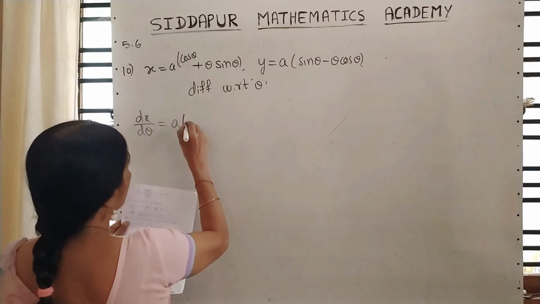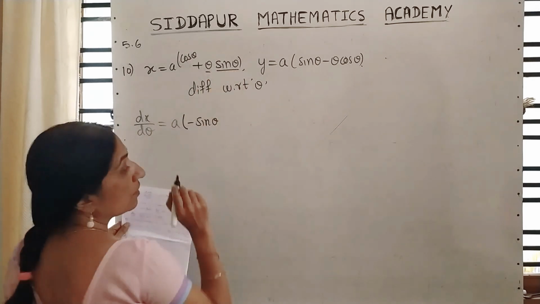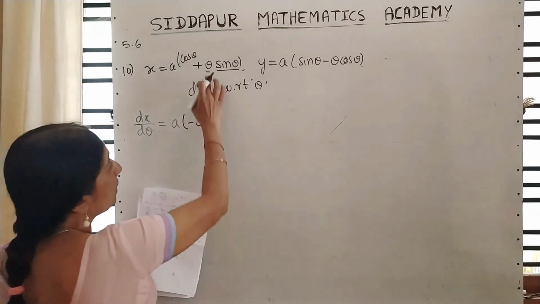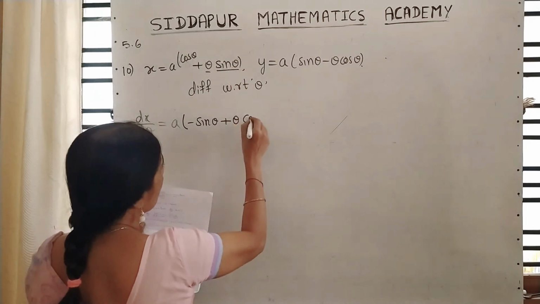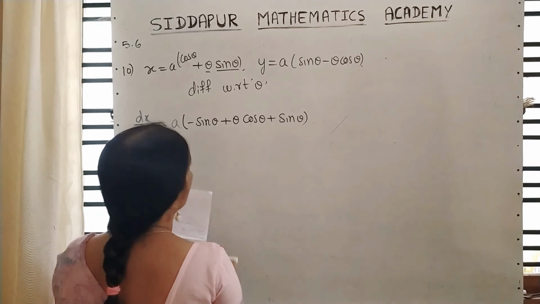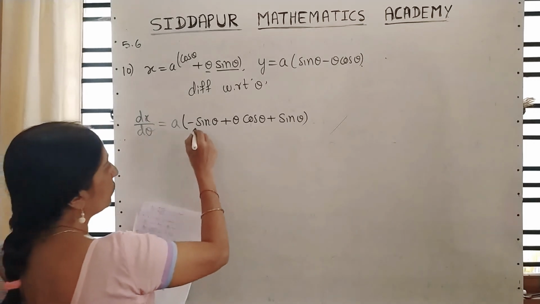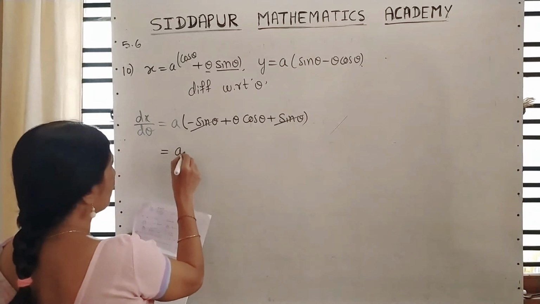Differentiation of cos theta is minus sin theta, and this is u, this is v. See, after doing so many examples, here I am writing directly. Theta as it is. Differentiation of sin theta is cos theta plus sin theta as it is. Differentiation of theta with respect to theta is 1. Next, minus sin theta plus sin theta get cancelled.